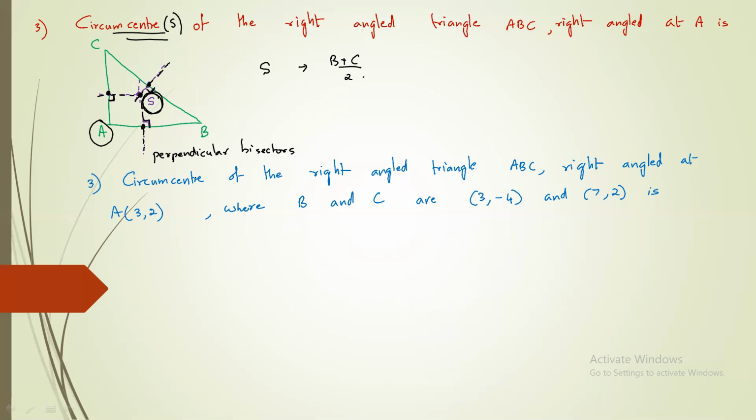So the circumcenter of right angle triangle ABC, right angled at A. A is 3, 2, where B is 3, minus 4 and C is 7, 2. In order to find the circumcenter, we will get X coordinate by taking B plus C by 2.